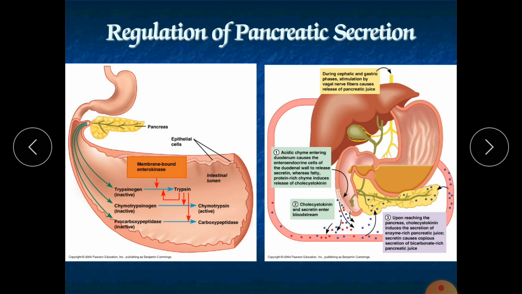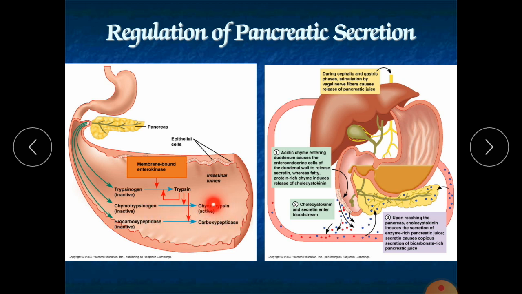Now here you can see this trypsinogen. The enzyme enterokinase has been secreted from the brush border of the small intestine, from the villi and microvilli. This enterokinase is responsible for conversion of trypsinogen to trypsin, and chymotrypsinogen into chymotrypsin.